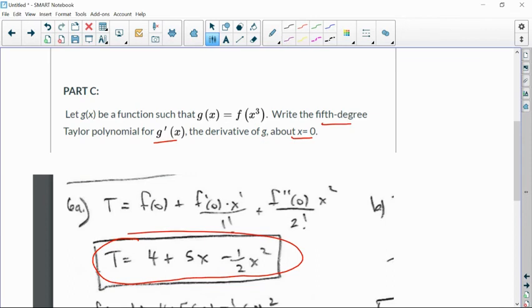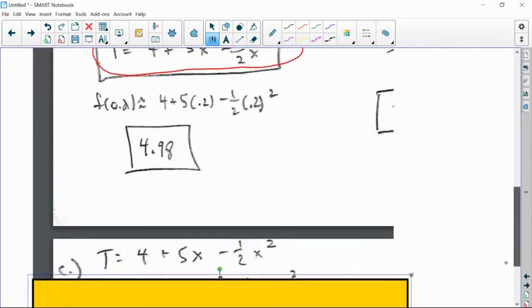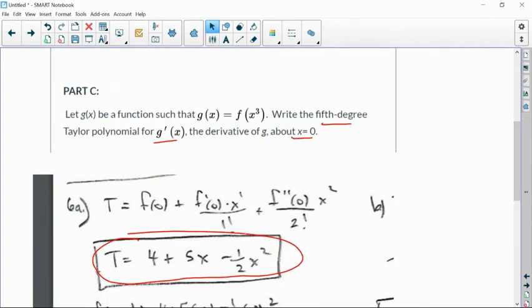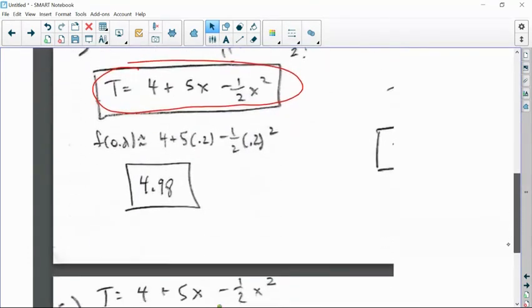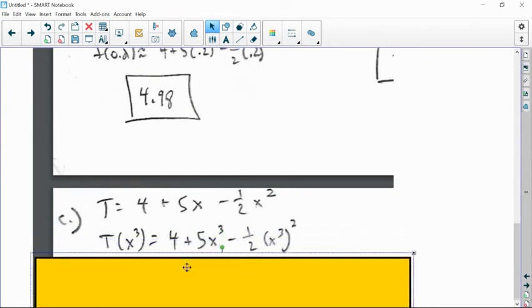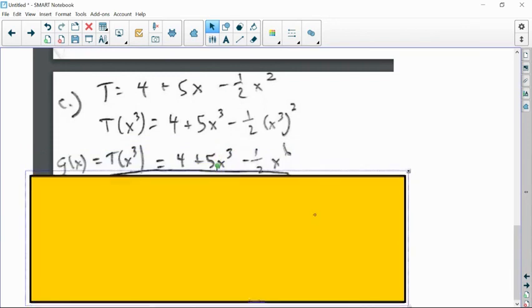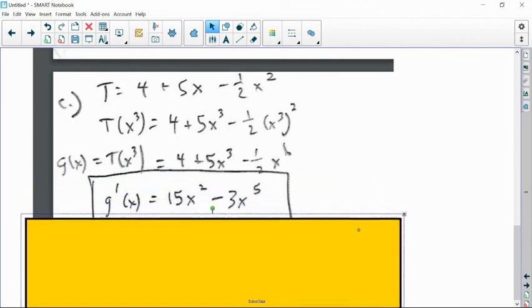And so then if I want to just do a change of variable, basically substituting x and making it x cubed, then my initial point would be substituting wherever there was an x with x cubed. And since it's still centered at 0, don't worry about anything else. And so then that becomes 4 plus 5x cubed minus 1/2 x to the 6th, and then take its derivative. So then that was the answer.